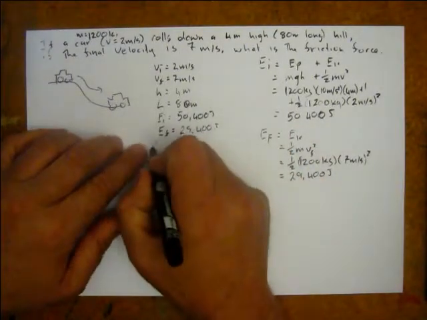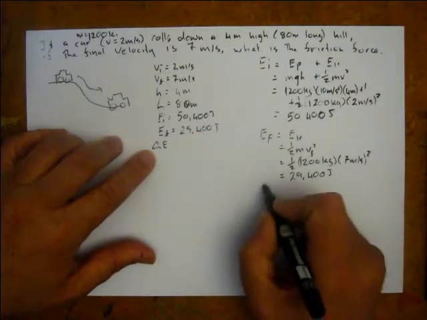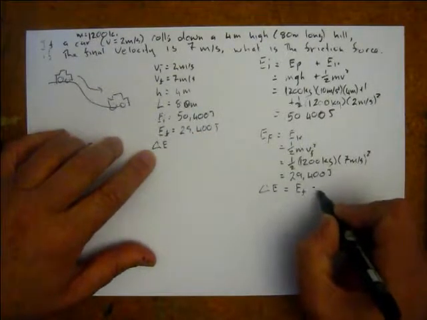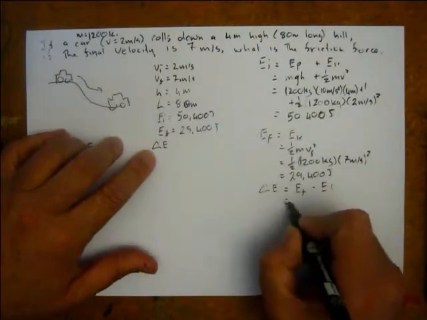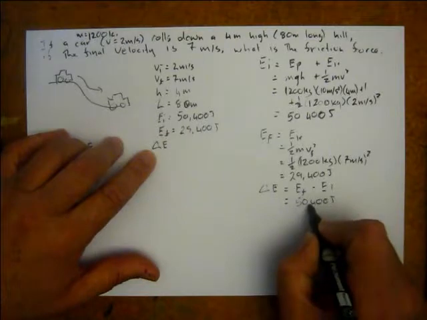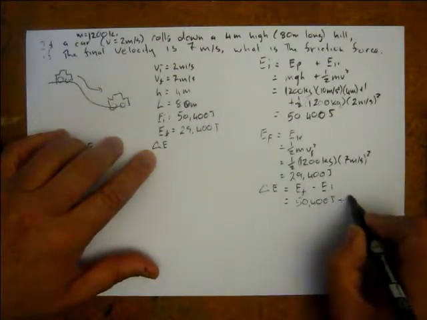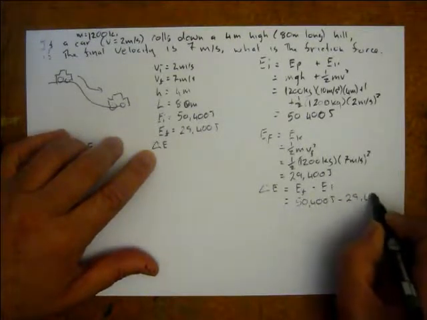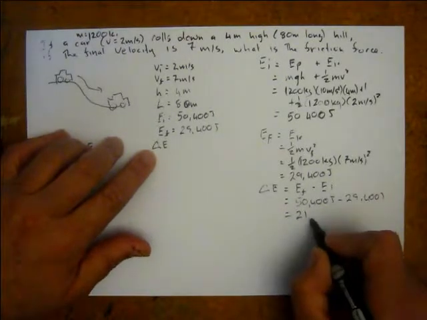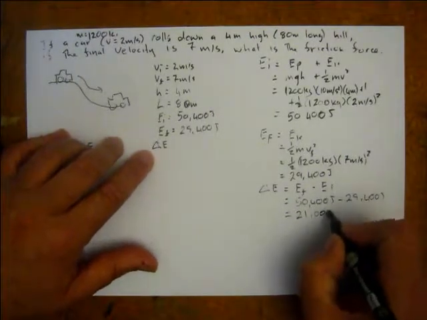So what's the change in energy? The change in energy is going to equal the final energy minus the initial energy, which is equal to 50,400 joules minus 29,400 joules equals 21,000 joules.